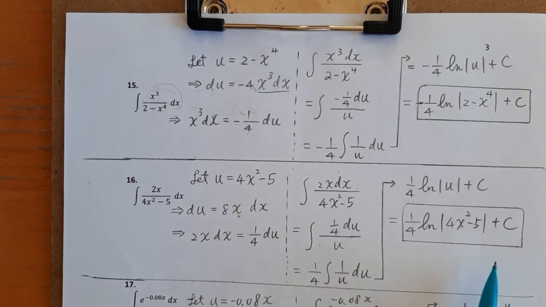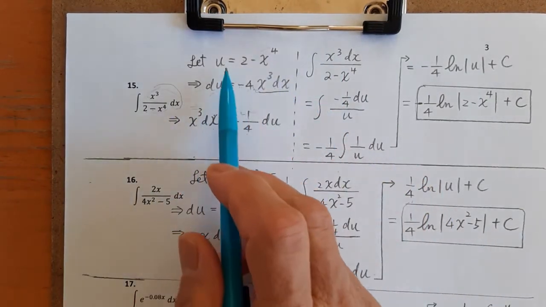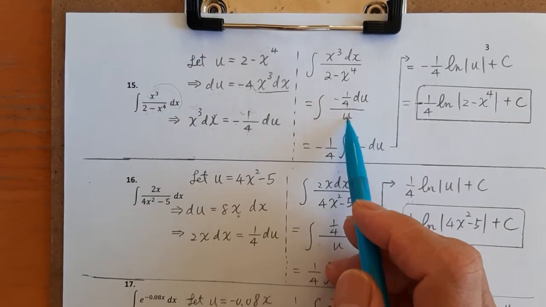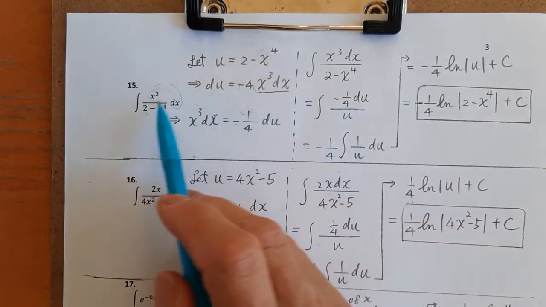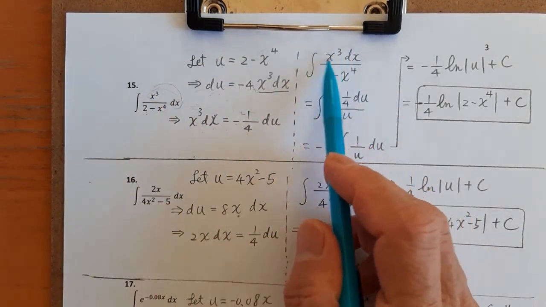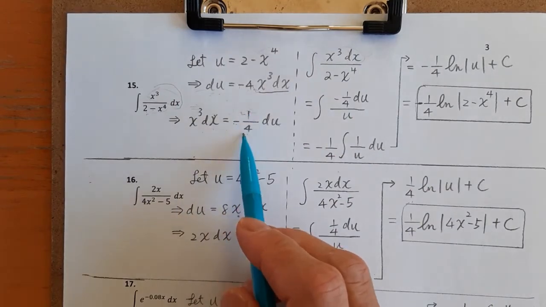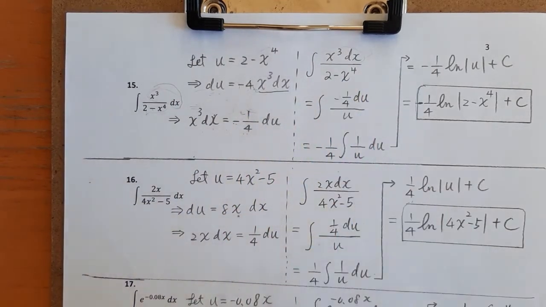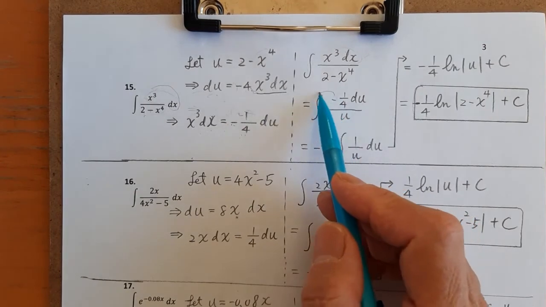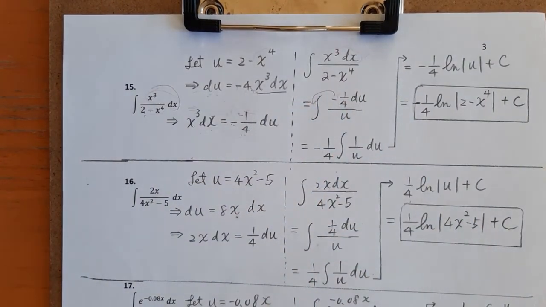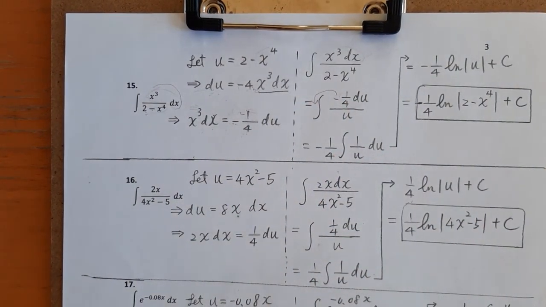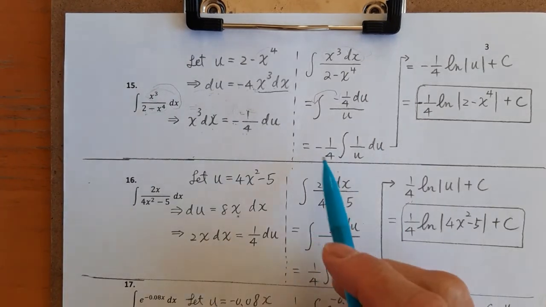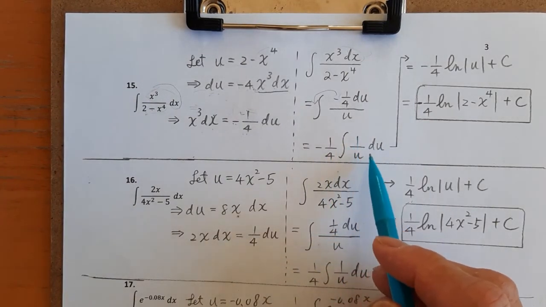Now substitution in. Integral denominator substitute by u, and the x cubed dx substitute by negative 1/4 du. Negative 1/4 is a scalar or constant, multiply, factor out, and got integral 1 over u.